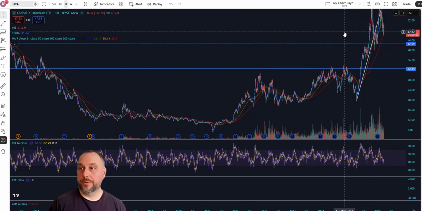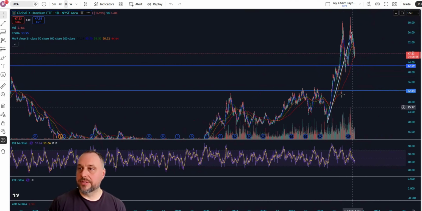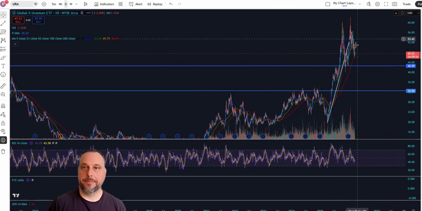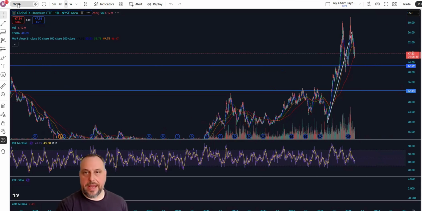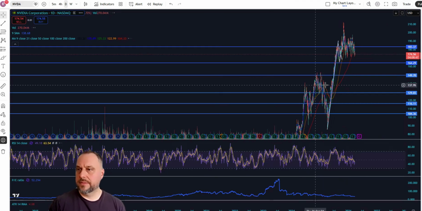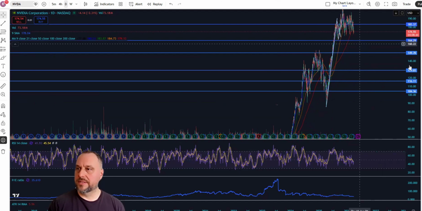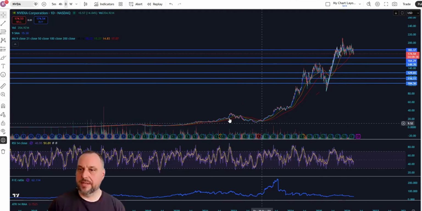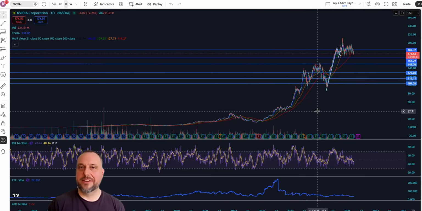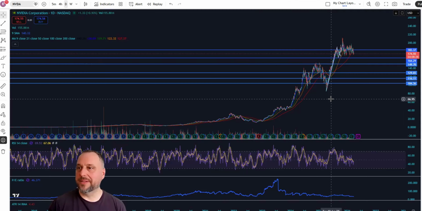Uranium really spiked, and there's still a lot of volume in uranium. So I keep seeing this. Nvidia, obviously, going further back, was a momentum stock. Not as much volume, as you can see, but you can't deny the chart went nuts, right? So Nvidia was also a momentum name at some point.